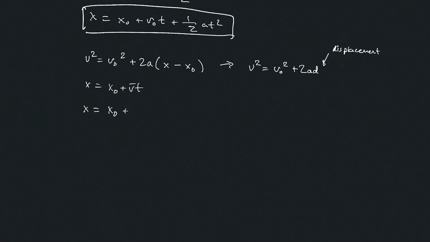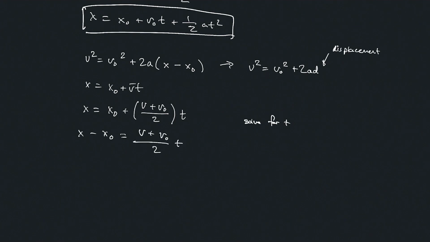And then we are going to substitute average velocity with the average of initial and final velocity again, just like we did last time. And we're going to get this. And now we are going to solve for time. Then what happens is we are going to subtract initial position from both sides. Now at this point, we're going to be using the equation v equals v0 plus at, and then isolate the variable t here, like this.